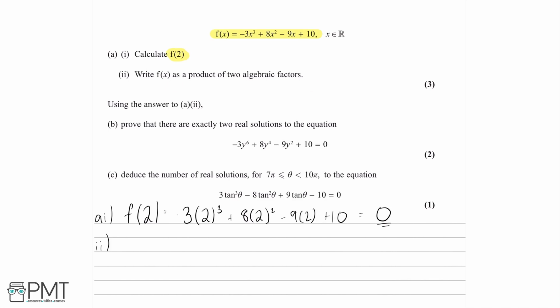So, if x equals 2 gives f of 2 equal to 0, then that means that x minus 2 is a factor by the factor theorem.